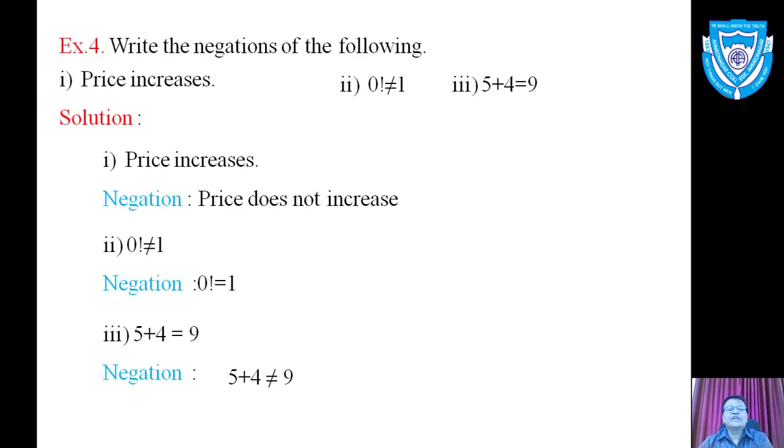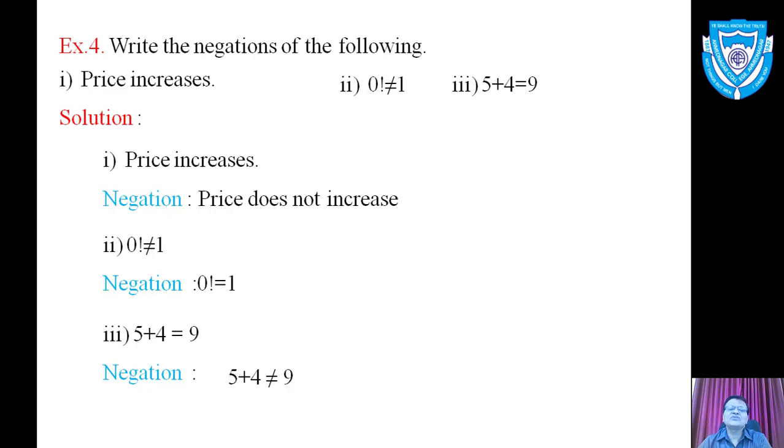Now let us move to negations. Example 4: write the negations of the following. It is very simple. While writing negations, we have to take care that the given statement and your answer have opposite meanings. The first sentence is: price increases. Its negation is: price doesn't increase.